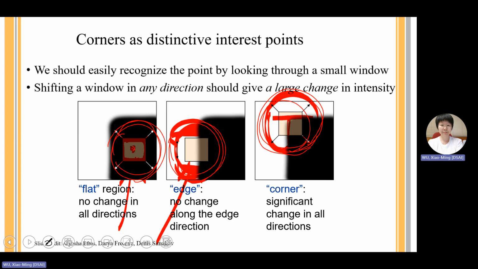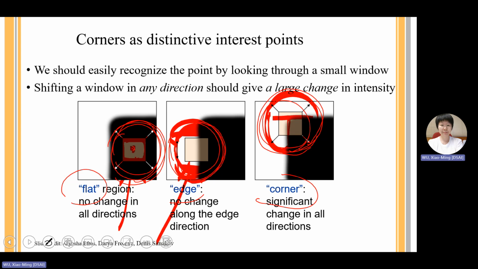We want to understand how well, as we mentioned before, we can roughly know whether this point represents a flat region or an edge or a corner by looking at its image gradients.